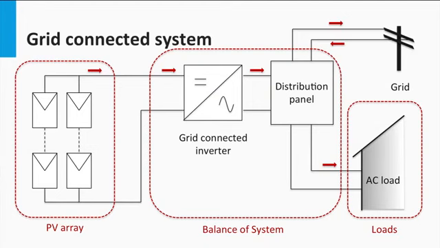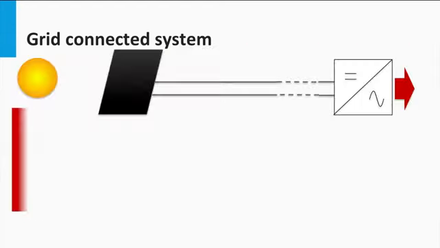In this grid-connected PV system schematic, you see the various system components. Let's walk through the system to see the efficiency loss at each stage. I will suppose some efficiency values for each component so that we can get a rough estimate of how the system efficiency might look like.